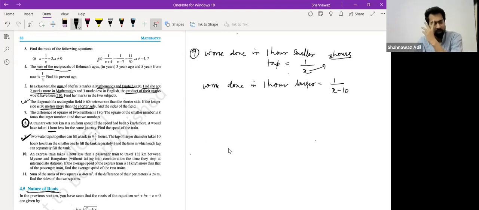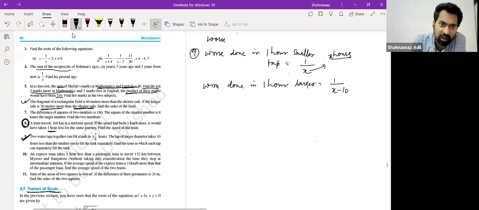Okay, guys. Just like in the men, women, and work problem, we calculated the work done. Let's say a man takes 4 days to complete a work. So we calculated the work done in 1 day, and that was 1 by 4, right?